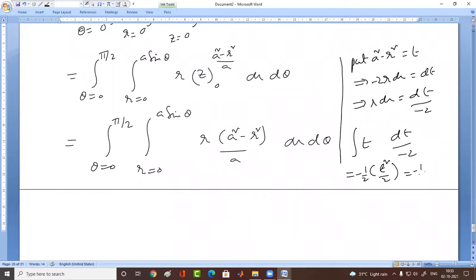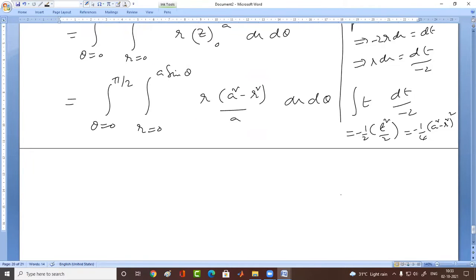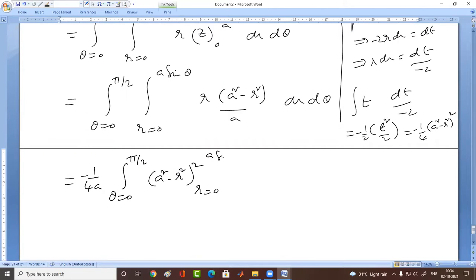What is t? t is a squared minus r squared, whole squared. Now common minus 1/(4a). Theta is 0 to pi/2. After integrating with respect to r, you will get (a squared minus r squared) whole squared. Okay, limits of r 0 to a sin theta, d theta.